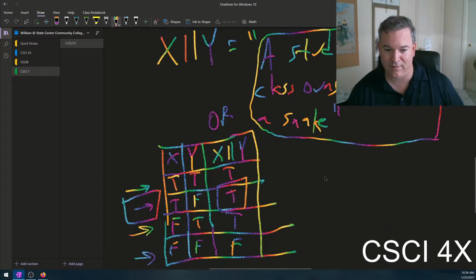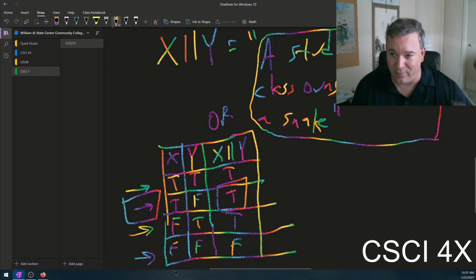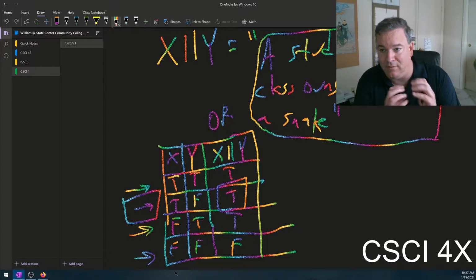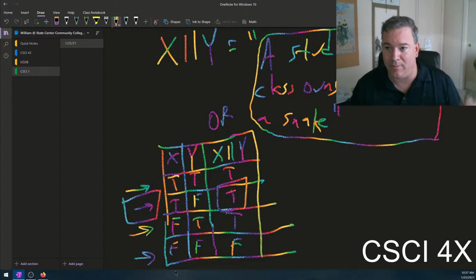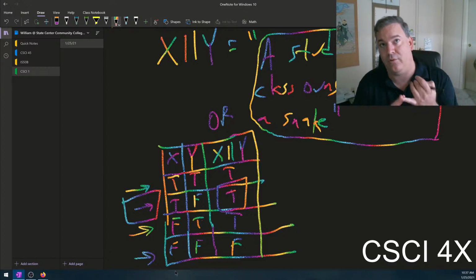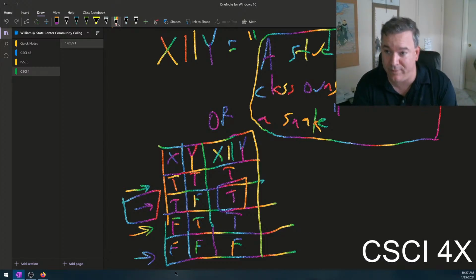Learning how to do this truth table thing will be on both of your midterms and on your final. It's a very important skill to have, and we're starting really simple, but they do get more complicated. You use these when you program. You use these when you engage in argumentation with people.